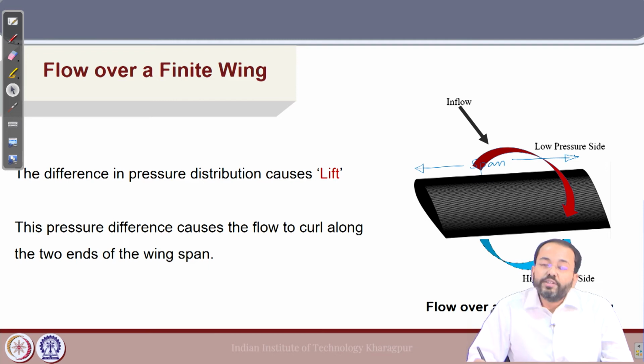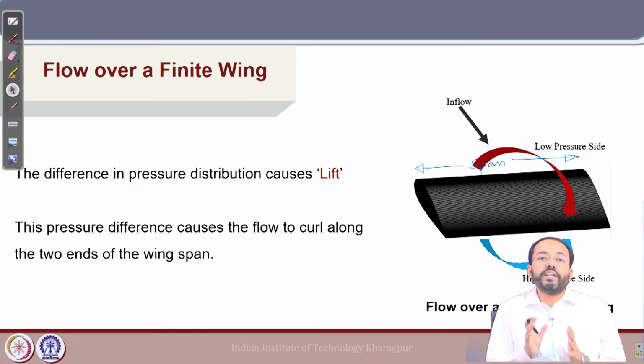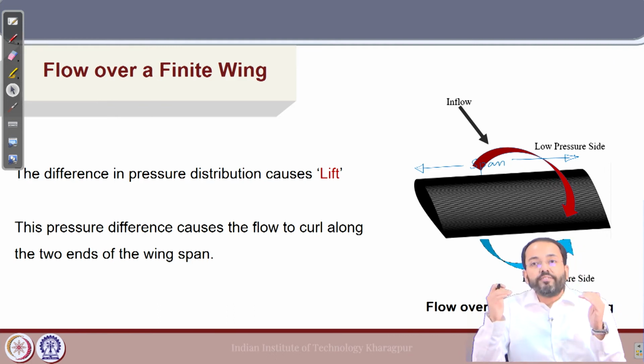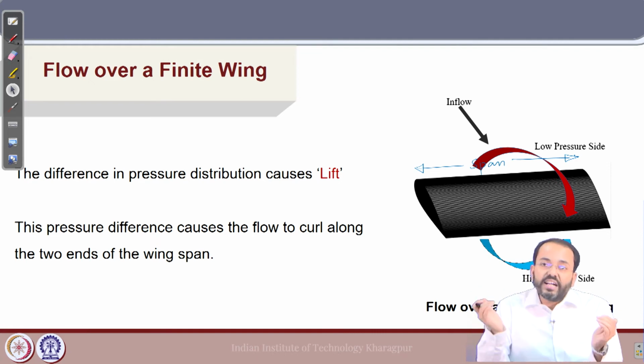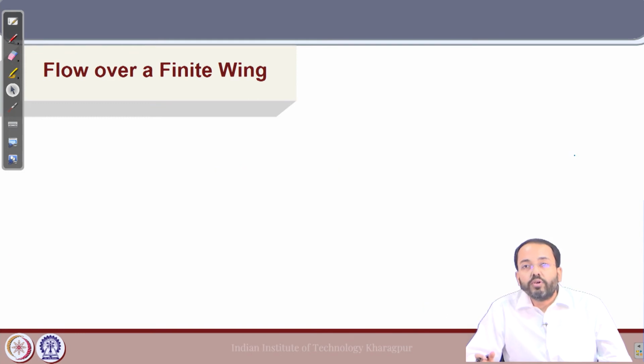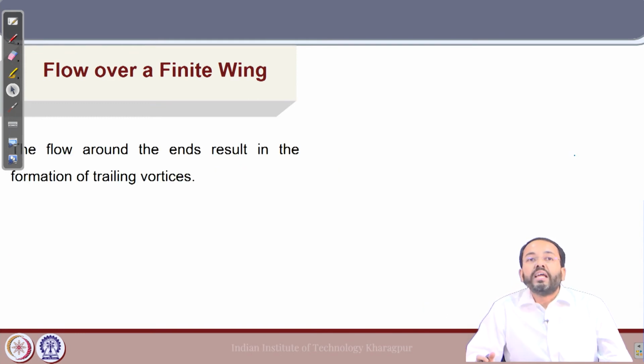And also due to the pressure difference, this is very important for finite wings. Due to the pressure difference between the two sides, along the ends of the span, the flow will also curl. So, there will be a curling flow from the high pressure side to the lower pressure side at the two ends. This curling flow leads to the formation of trailing vortices.